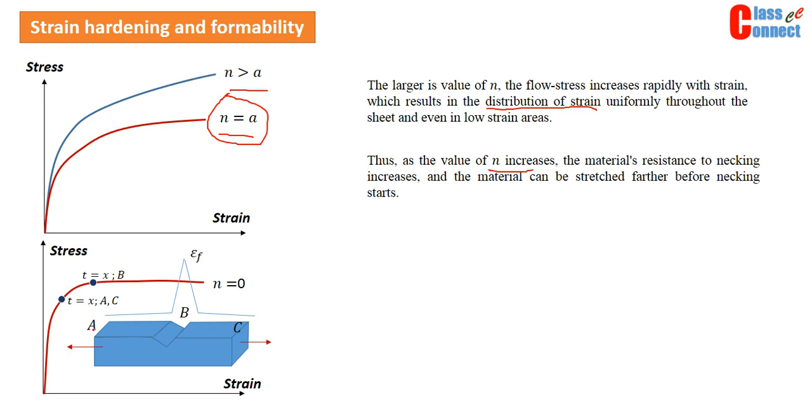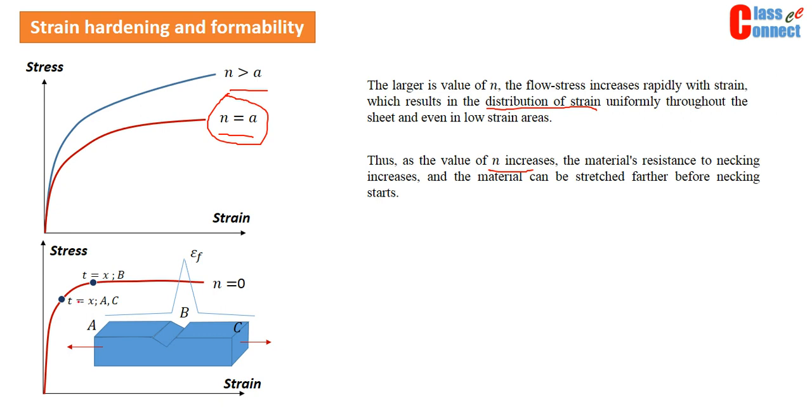Let us take some component like this, where this is a notch. It means the area of cross section at section A and section C is more as compared to the area at section B. So if the area at section B is less, the stress induced at section B will be more. If I apply load on this particular member, the stress here will be more as compared to A.